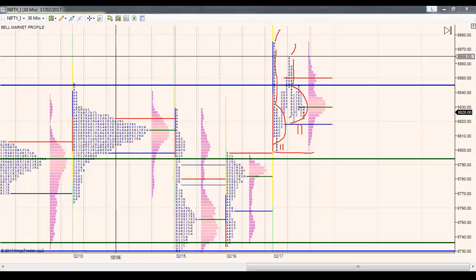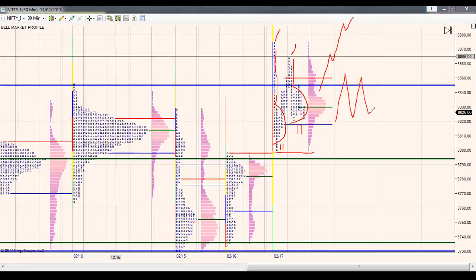So all this points towards that the buyers may be stepping in silently at the lows of these marked down attempts by bears. So we can never predict the market, but this might not result in this kind of action.